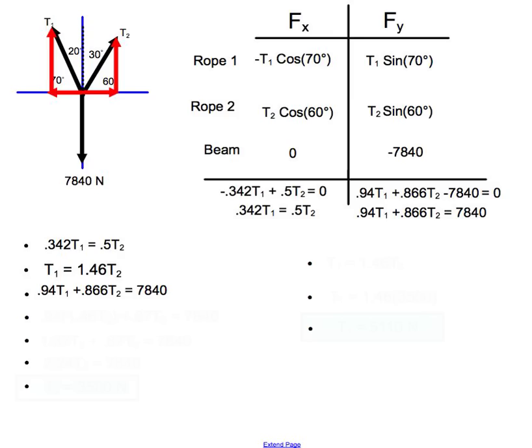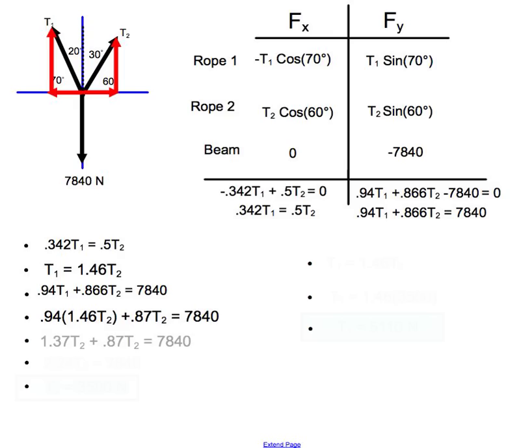So I have two equations, two unknowns. I have 0.94 T1 plus 0.866 T2 equals 7,840. I will now plug T1 into that equation. So I have 0.94 times 1.46 T2, because T1 was 1.46 T2, plus 0.87 T2 equals 7,840.